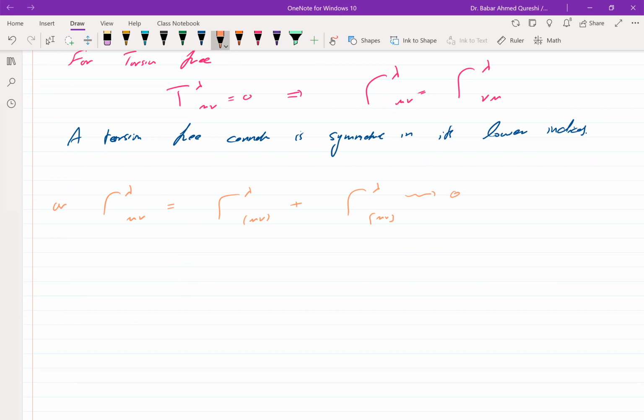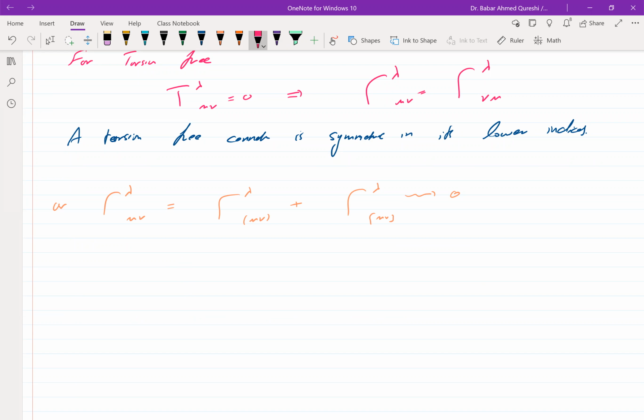Or in other words, if you choose your coefficients in such a way, and you can do it, that it's symmetric in its lower two indices, then this kind of connection would be called torsion free.